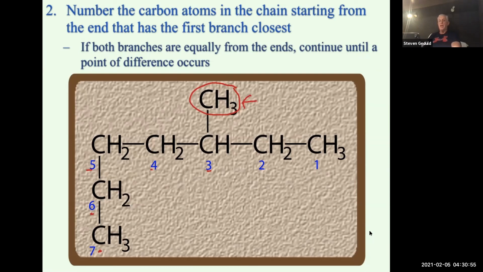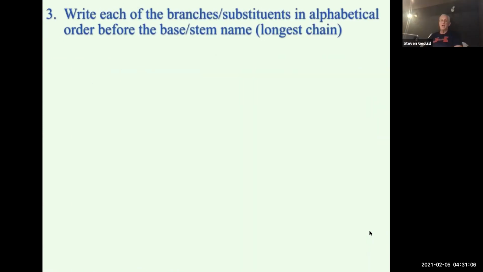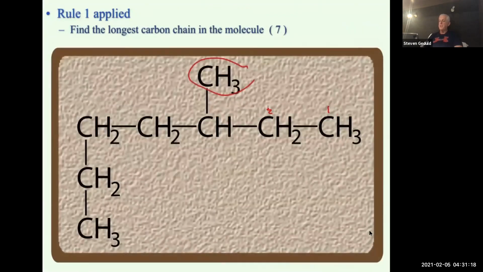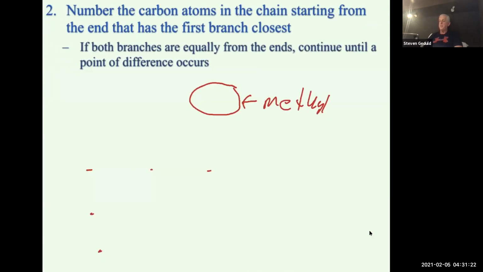Drop the A and E and add YL. Methyl. Perfect. And it's attached to what carbon? Okay. So this is our methyl group and it's attached to the number 3 carbon right there.